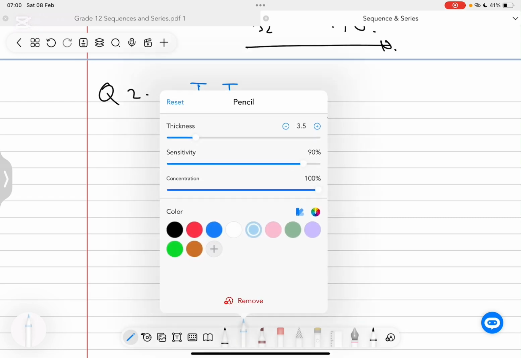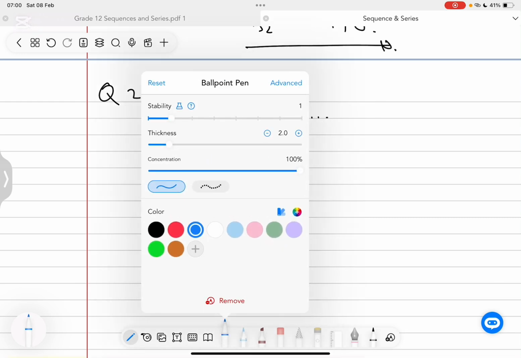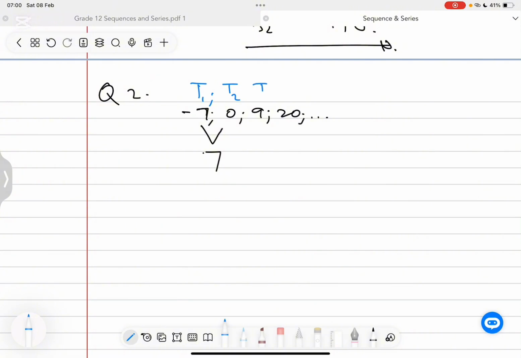I'm going to do the same thing by finding the difference between term 3 and term 2.